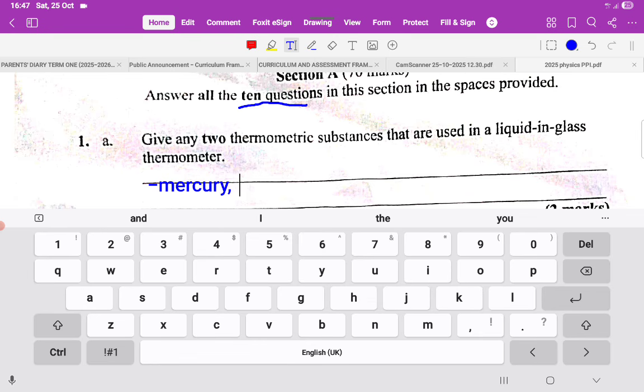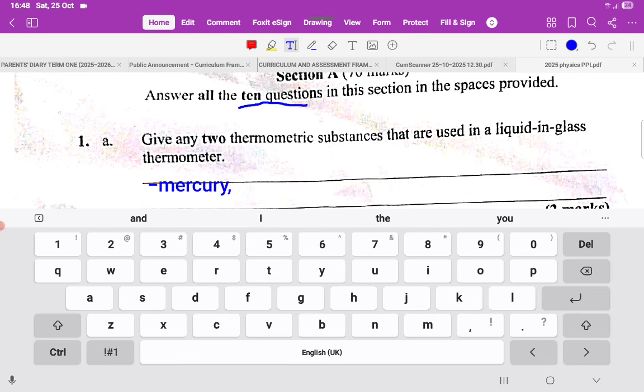But it is not commonly used because it is highly toxic. When it comes to precision in measuring temperature, it's good because it expands proportionally, uniformly. When you dip the thermometer, the mercury in it will expand uniformly.